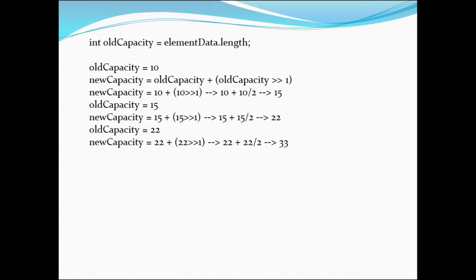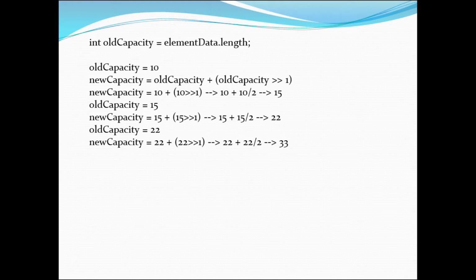Let's discuss how array list changes capacity dynamically. If you want to create an array list object, the initial capacity of the array list is 0.